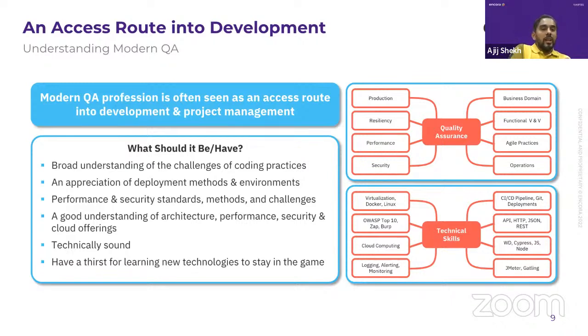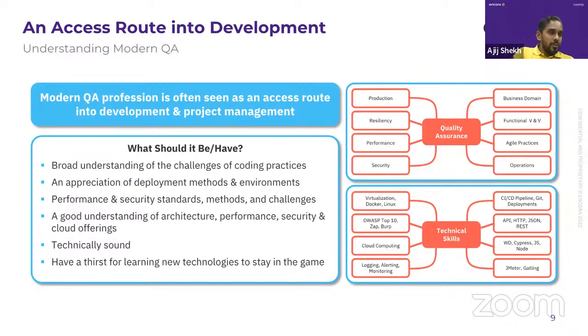Performance and security standard methods and challenges. Right now there are lots of websites available. For example, if you search for any product on Google, you can see a list of websites. At that time performance is very important. If you click on any website, it should open in less than 3 to 5 seconds. So we will do some performance testing on our website.